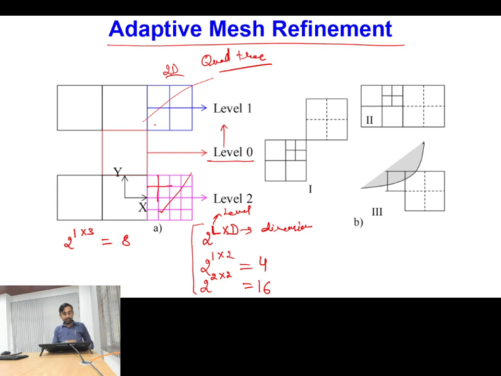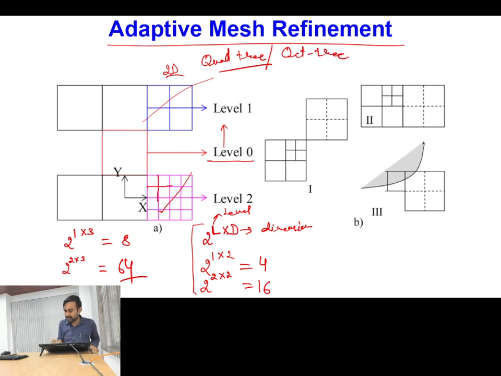That will give you 8 subdivisions. Similarly, if you do level 2, then 2 power 2 into 3, which is 2 power 6, that is 64 cells.